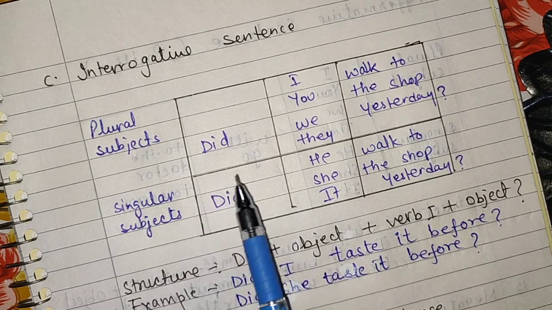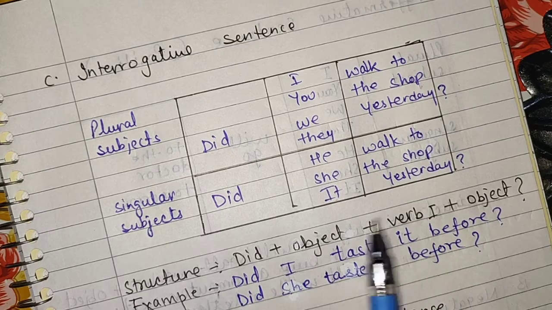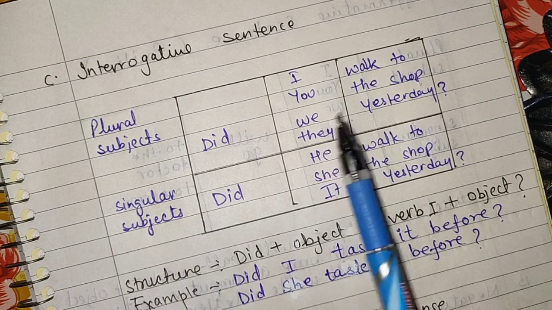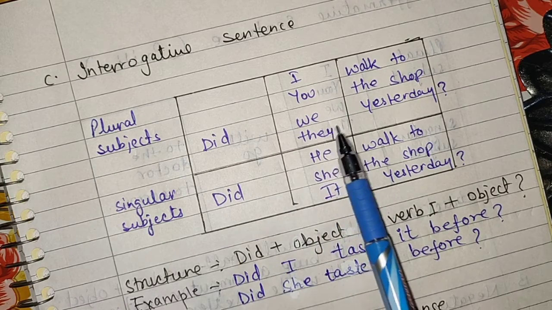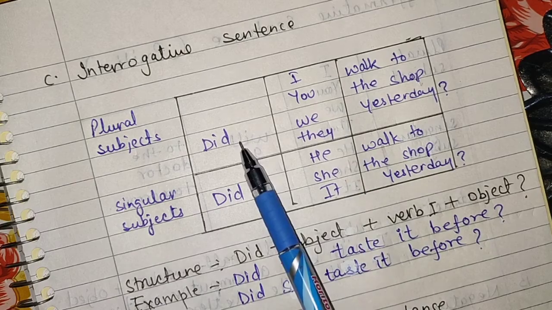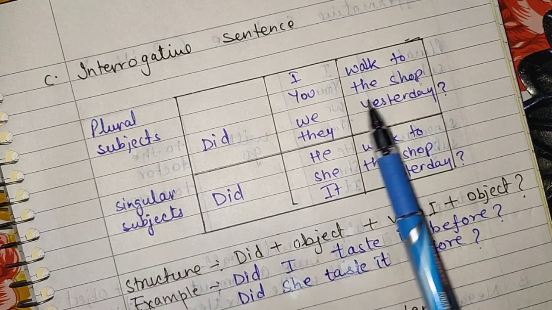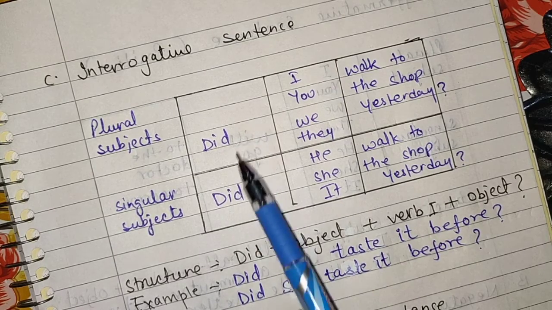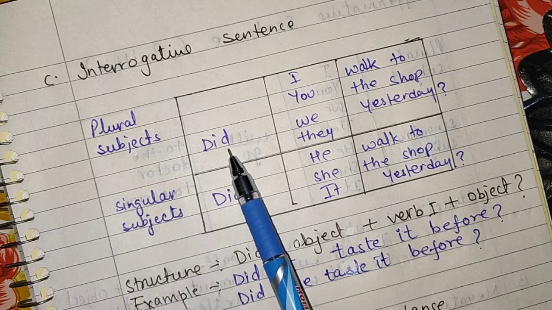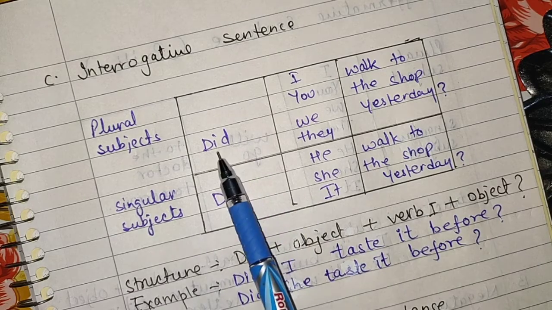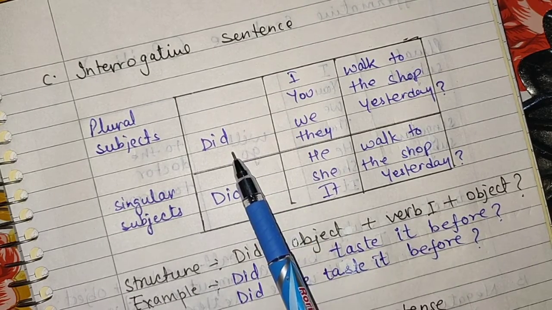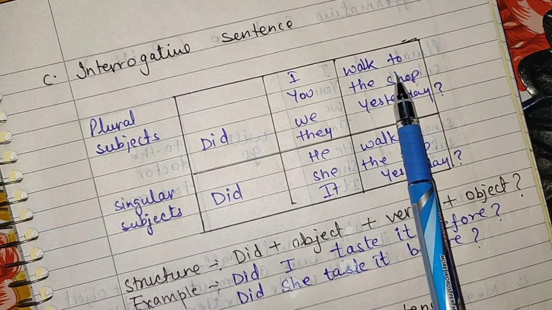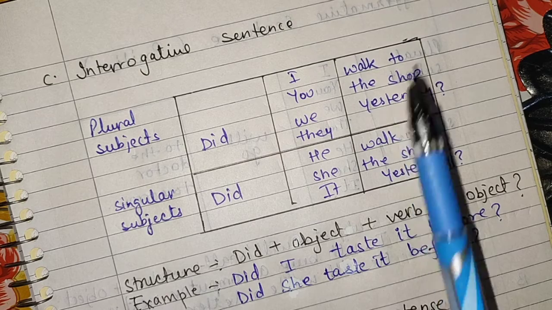In every interrogative sentence, just remember one thing: the subject is placed in the second place. Like this is the first, this second. Okay, so subjects are placed second and the verbs, these helping verbs, are placed here before the subjects. So this is an interrogative sentence, so we will have to use did, then we will use the subject, and then we will write the object of this subject.